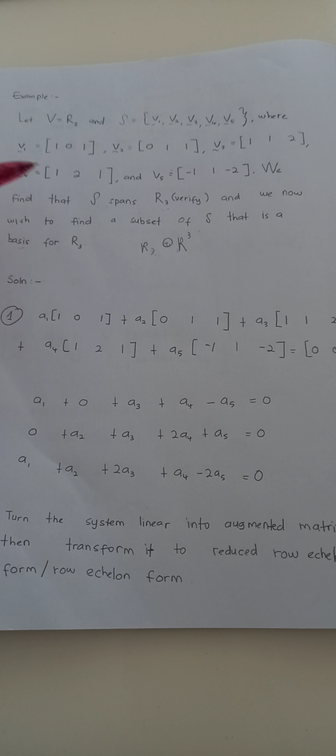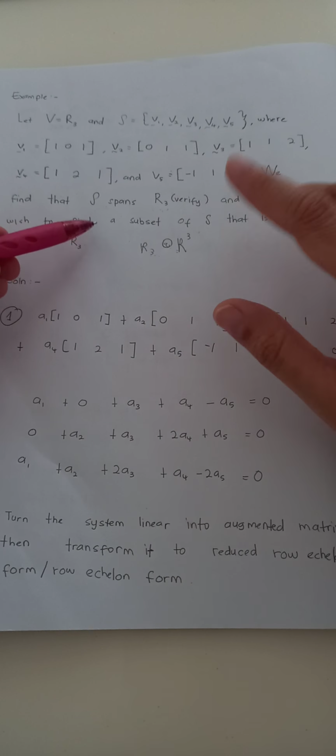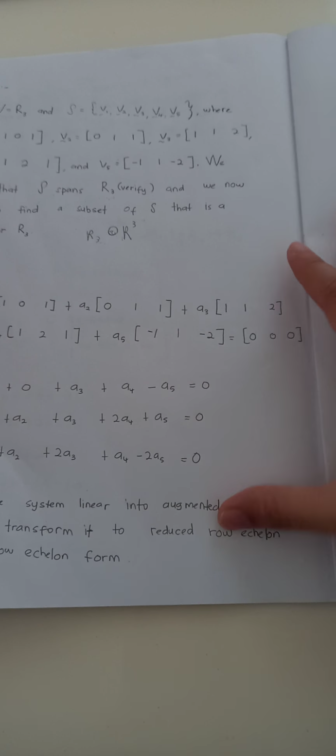We know that it already spans. To find the basis, one is that it must span. Another thing is we need to make sure that it is linearly independent. To check linear independence, the combination of all these V's must be equal to 0.